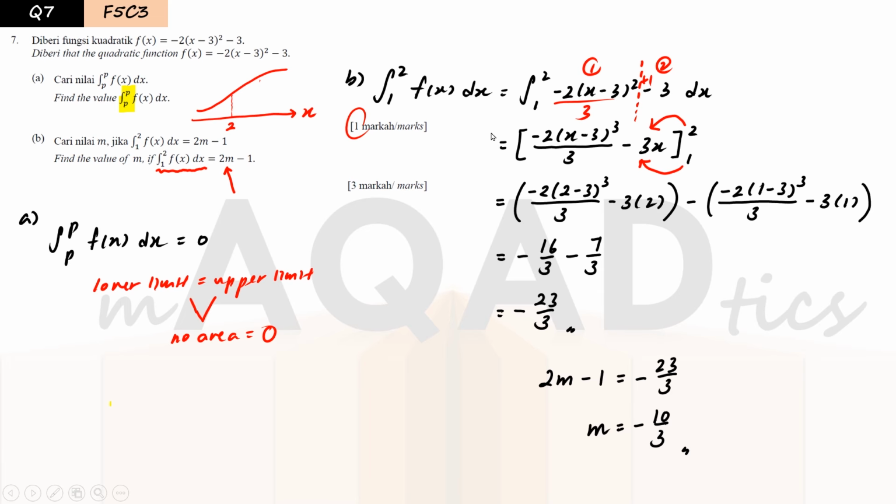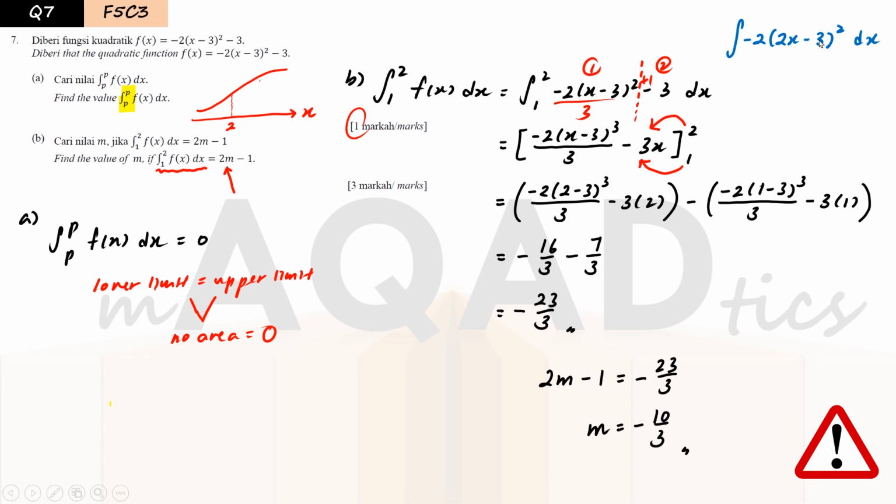Before we go to the next question, I would like to let you all know something about integration. There is another special case of values during integration, which is this one. There is a value for x and it's inside the bracket.